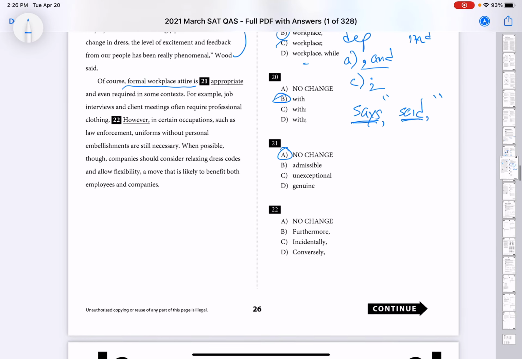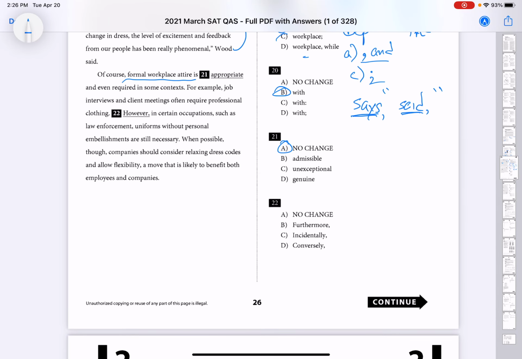22. For example, job interviews and client meetings often require professional clothing. However, in certain occupations, such as law enforcement, uniforms without personal embellishments are still necessary. Okay, so it looks like they're trying to reiterate a point. They're trying to add more detail about it. It says, for example, job interviews and client meetings often require professional clothing.